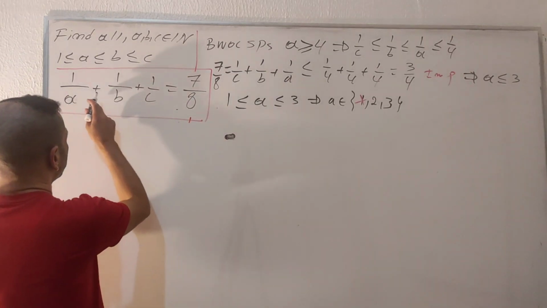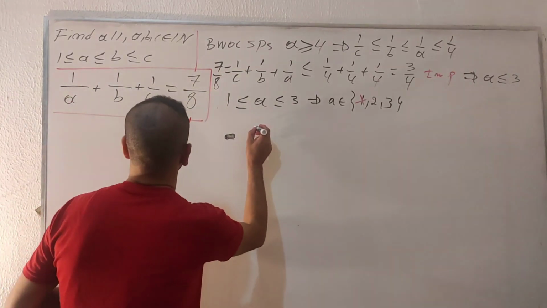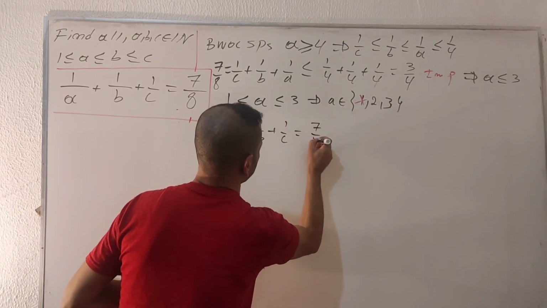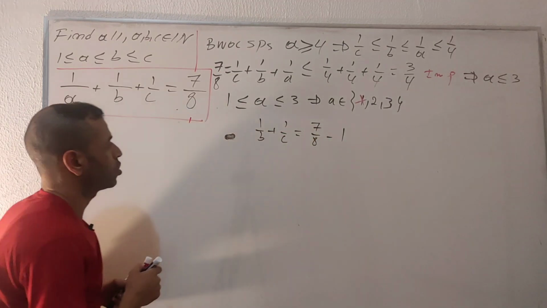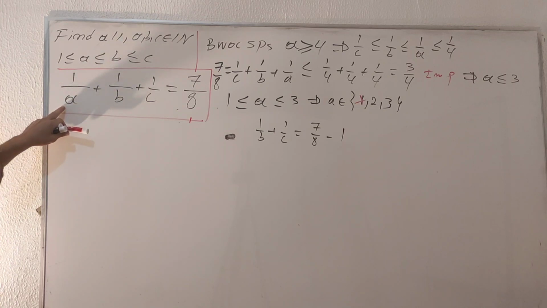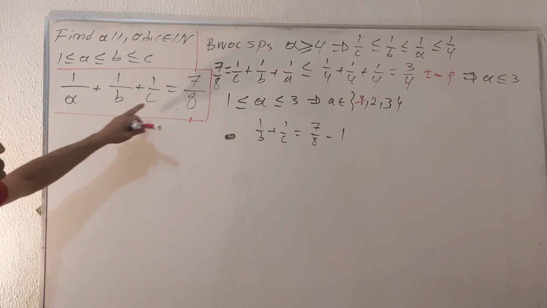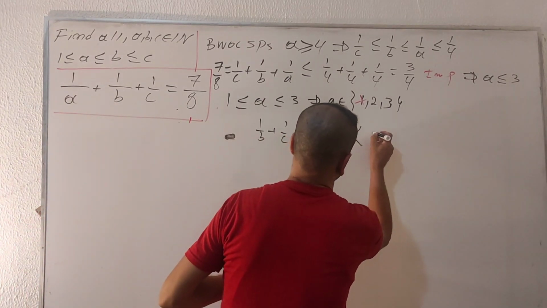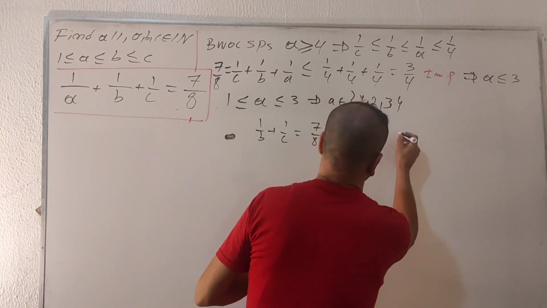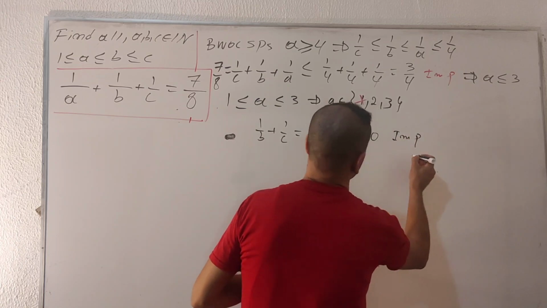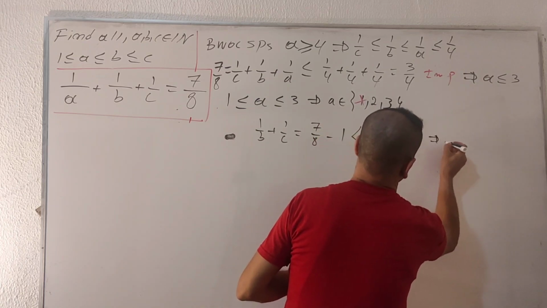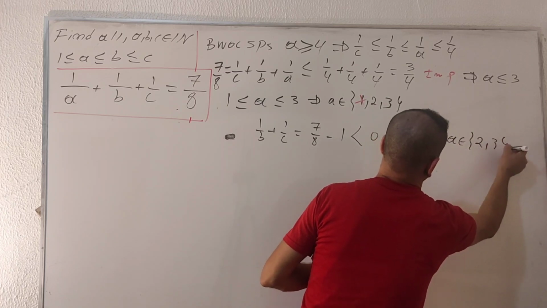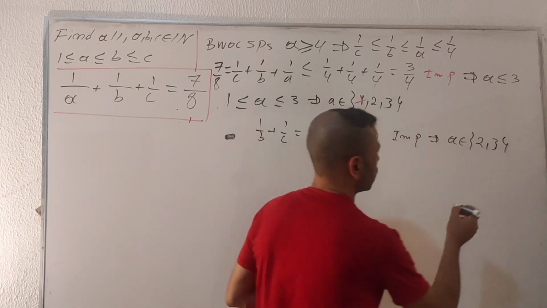Because if I replace A with number 1, I get 1 over B plus 1 over C equals 7 over 8 minus 1. But this is strictly inferior to 0. It's negative, which is impossible. Which means A is living in the set 2 and 3, excluding number 1.